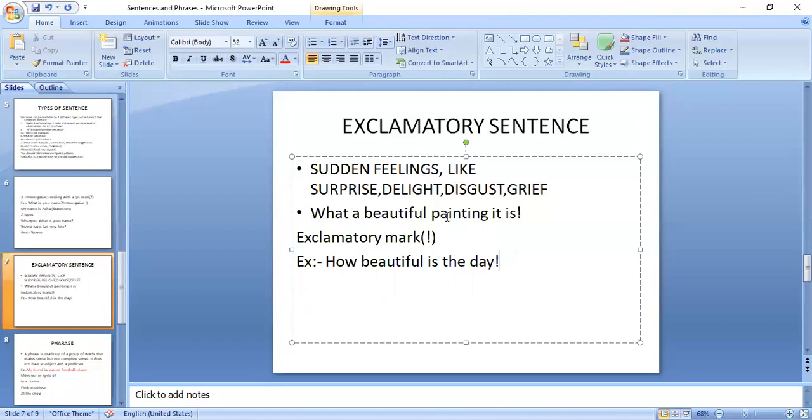It is giving surprise, delight, disgust, grief. Okay, this is all about exclamatory sentences.